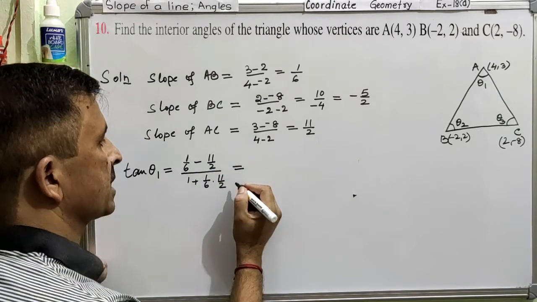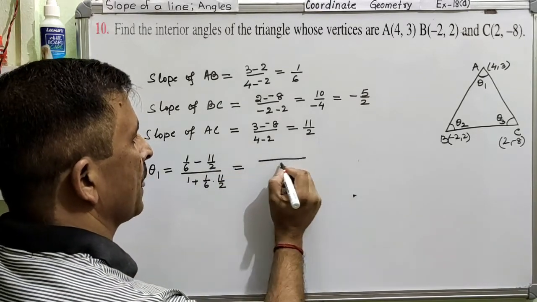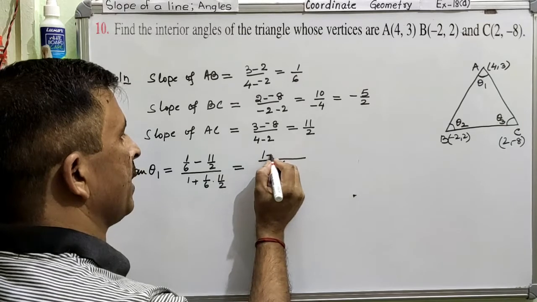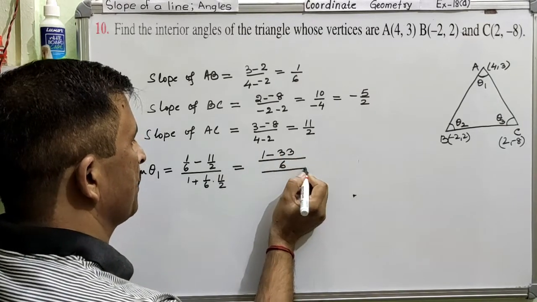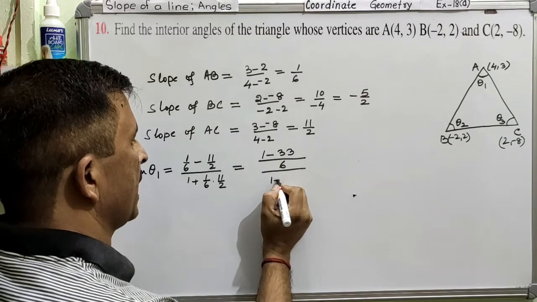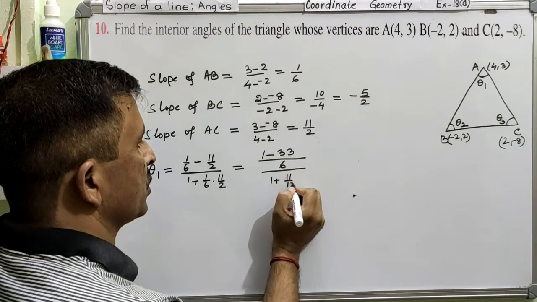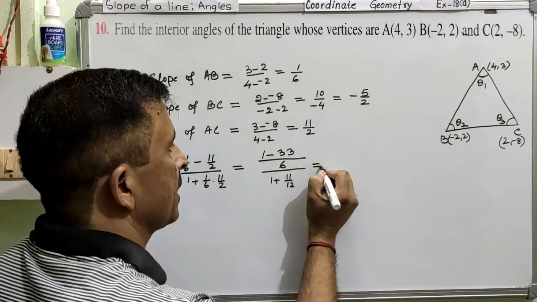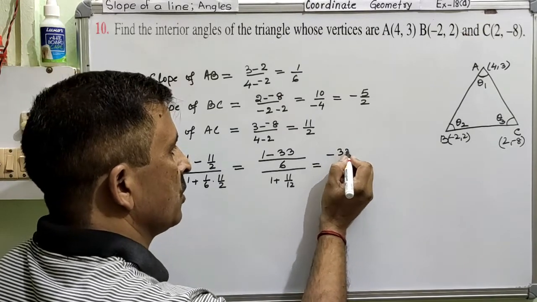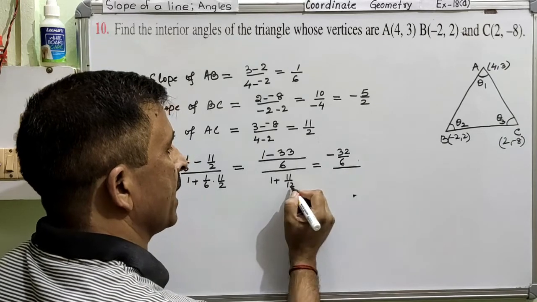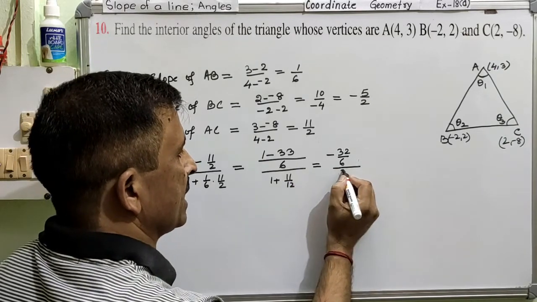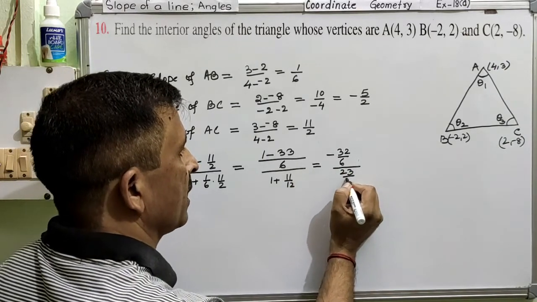The LCM of this will be 6. 1 minus 33 divided by 1 plus 11 over 12. Now simplify one more step. This is minus 32 over 6, over this will become 12 by 12, 23 over 12.